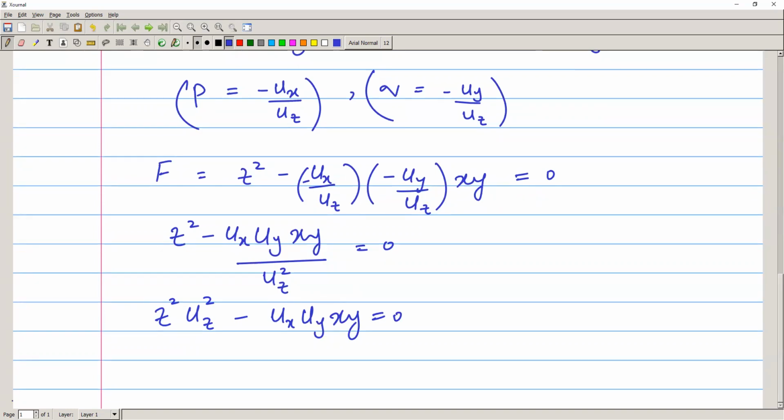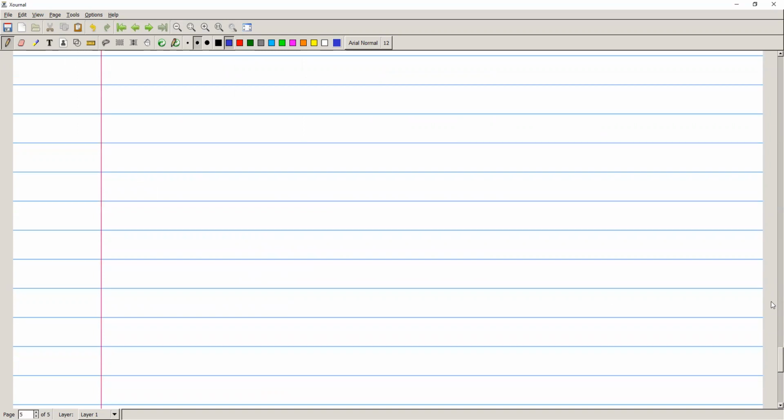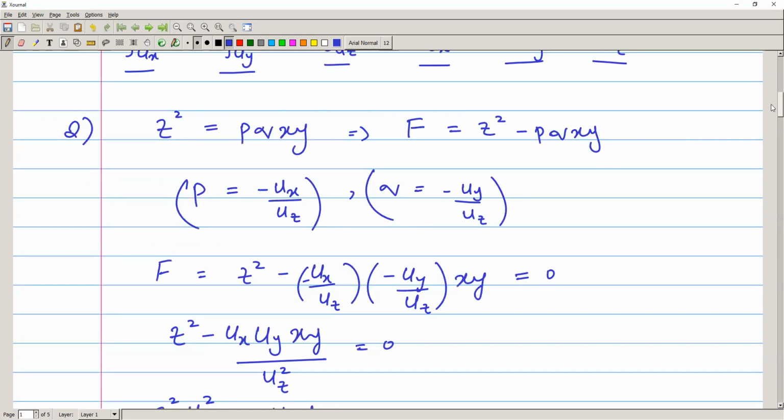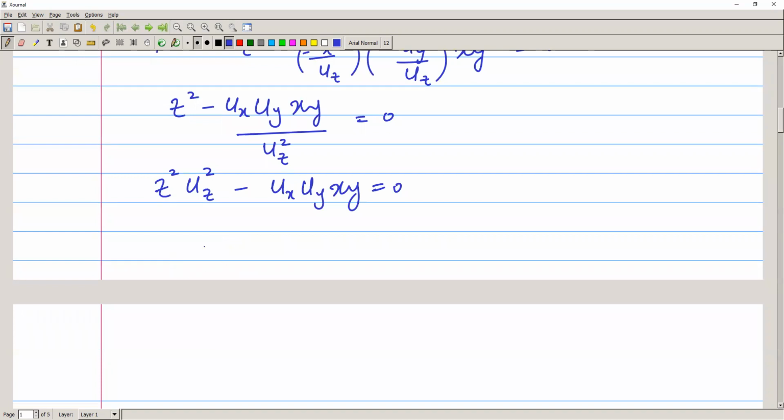The next step is to find the respective derivatives with respect to their variables. Let's find f ux. We differentiate with respect to ux, so we get negative uy times xy. Then for f uy, we differentiate partially with respect to uy, so we get negative ux times xy.